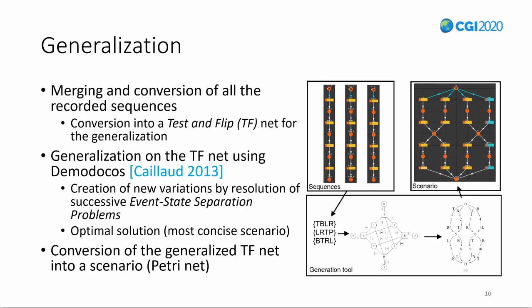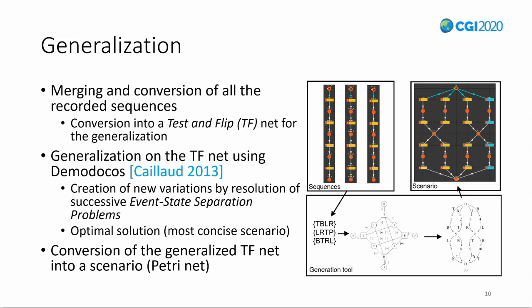So now let us see how the generalization works. There are three main steps for the generalization. First, all the recorded sequences are merged into a single scenario by merging the starting and ending states of the scenarios.